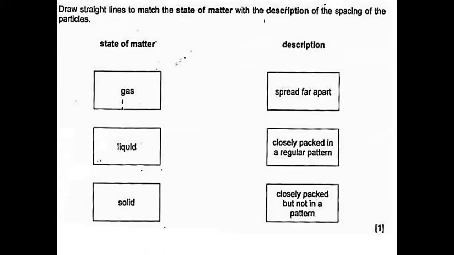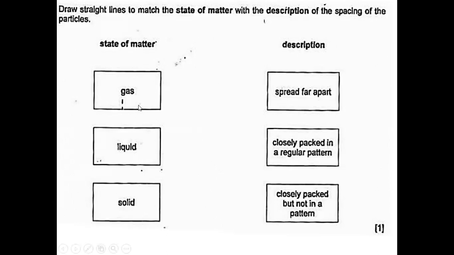Moving on to the third question that we have today. Draw straight lines to map the state of matter with the description of the spacing of the particles. So number one, gas.